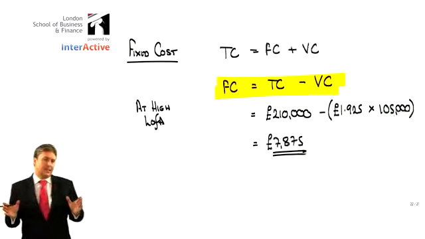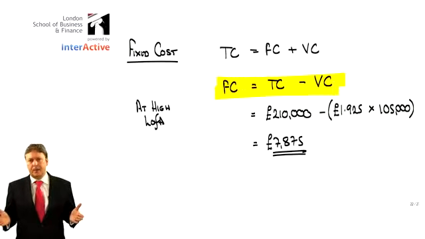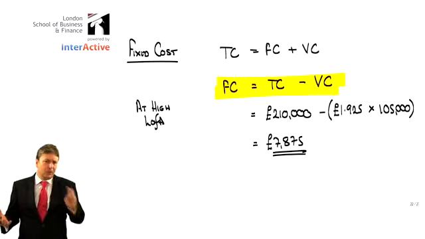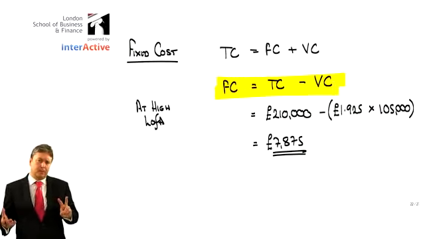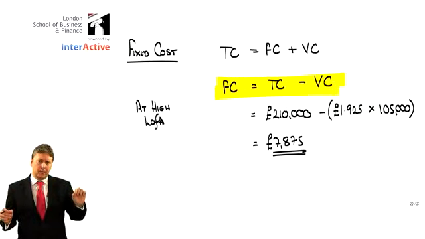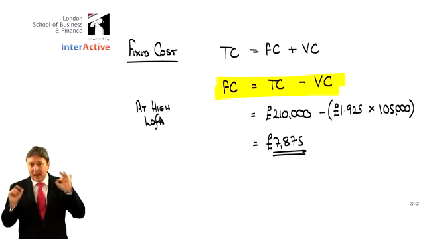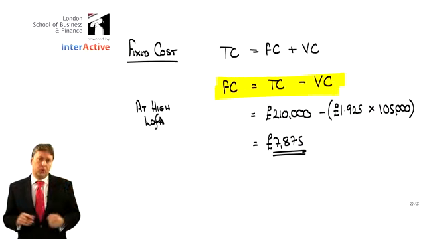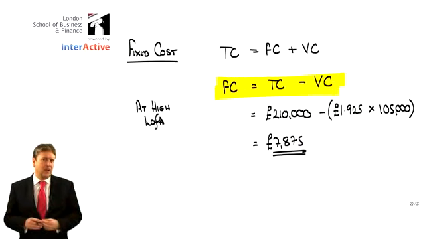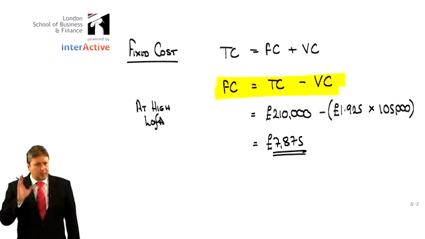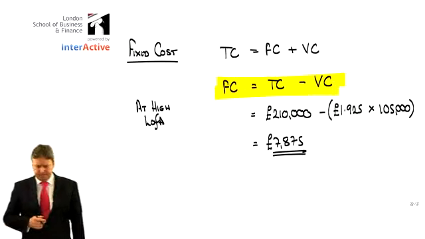Now, I've already said to you that with the high-low method, we're not doing a particularly good estimation. For those two basic reasons we said before. We're looking at the extremes and we're only taking two pairs of data when more than two pairs of data may be available. The other problem I have with the prediction that we've made, we're going to talk about a little bit more in the future.